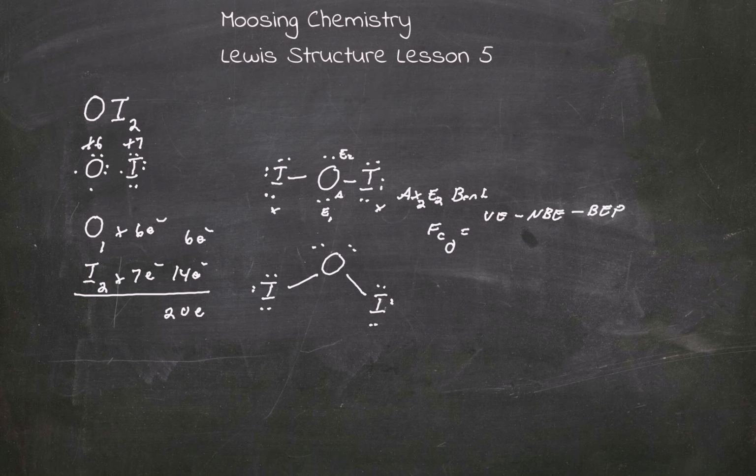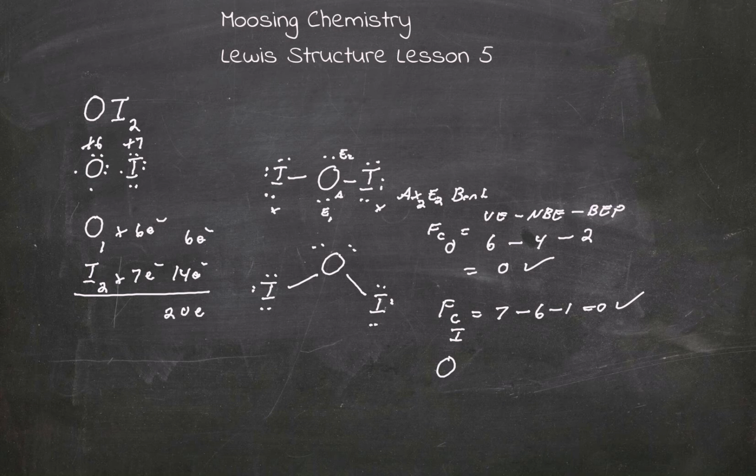So for the oxygen, it comes in with 6 valence electrons, 4 non-bonding electrons, and of course 2 bonding pairs. And that gives me a total of 0. So that looks good. The formal charge for just one of the iodines, we don't have to do them both: 7 valence electrons it came in with, 6 non-bonding minus 1 bonding pair, gives me 0.